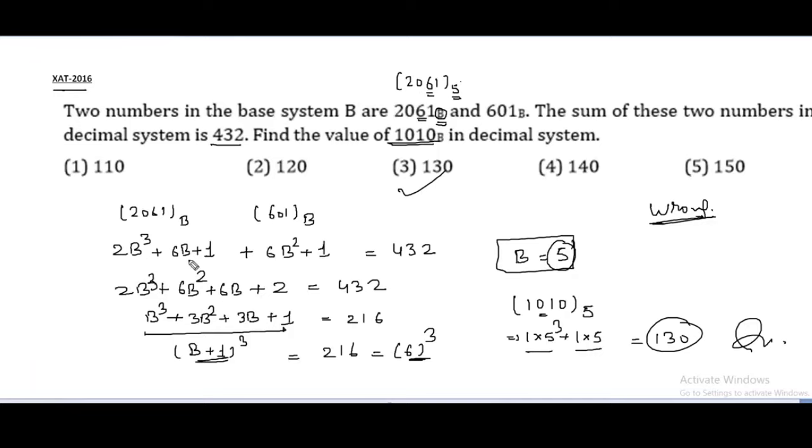Logic is correct, but mathematically it is wrong. Okay, answer is correct. Answer is 130. I hope you also thought, how can the base be 5 if the digit written is 6? Your doubt is genuine, but they made this mistake while making this question. Do not worry. Okay, come to the next one.